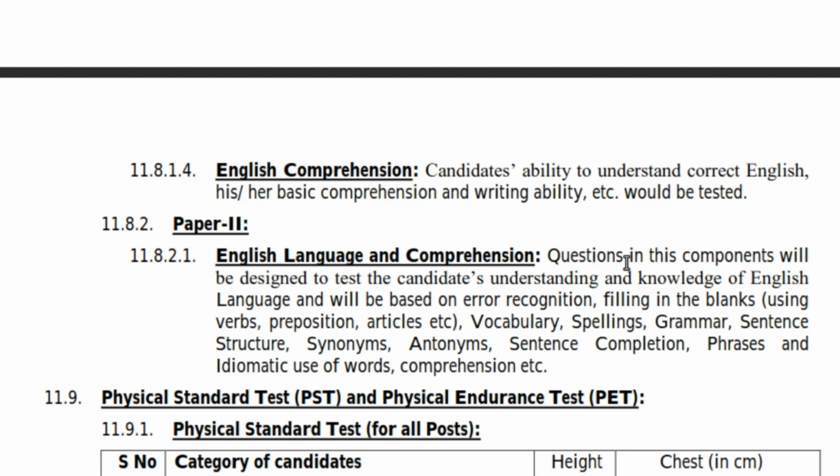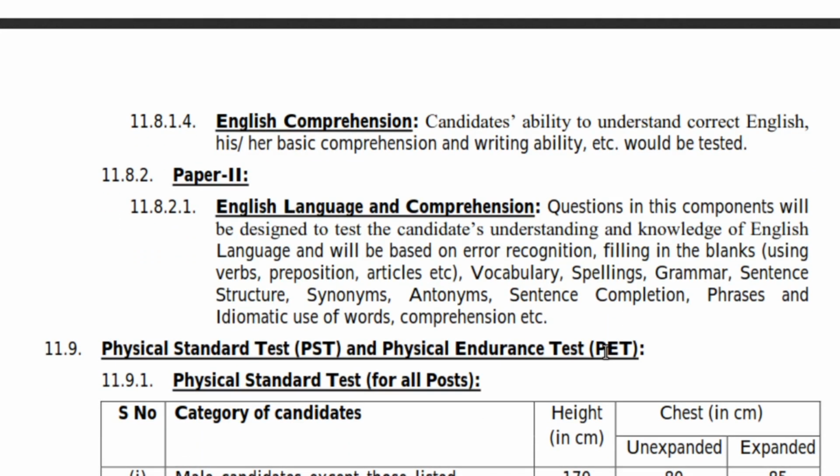The topics you must know are error recognition, filling in the blanks, using verbs, prepositions, articles, etc., vocabulary, spellings, grammar, sentence structure, synonyms, antonyms, sentence correction, phrases, idiomatic uses of words and comprehension, etc. All the topics in the English language we need to cover.